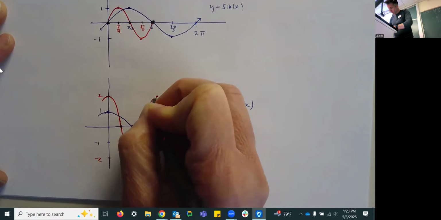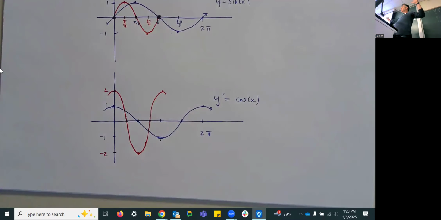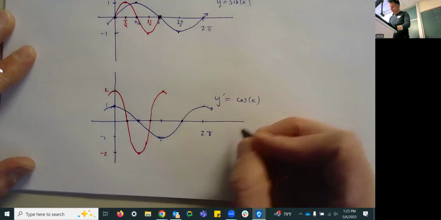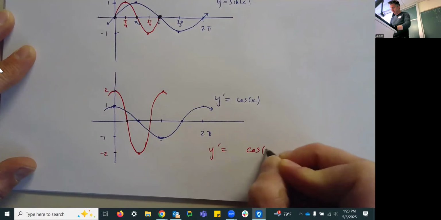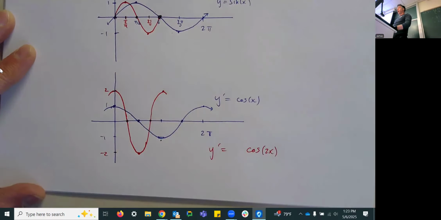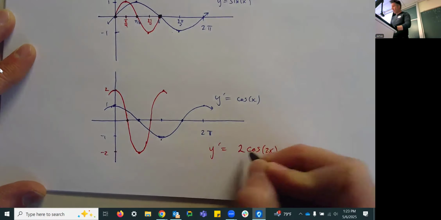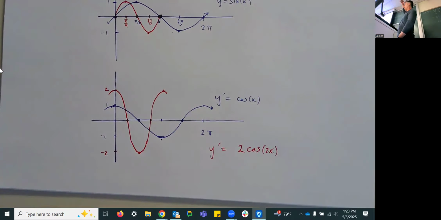It looks like the cosine function has also had its period squashed by a factor of 2, but it's also been vertically stretched by a factor of 2, which means that our derivative here in red is not just cosine of 2x. That would have a period of pi. It's 2 times cosine of 2x to have an amplitude of 2.